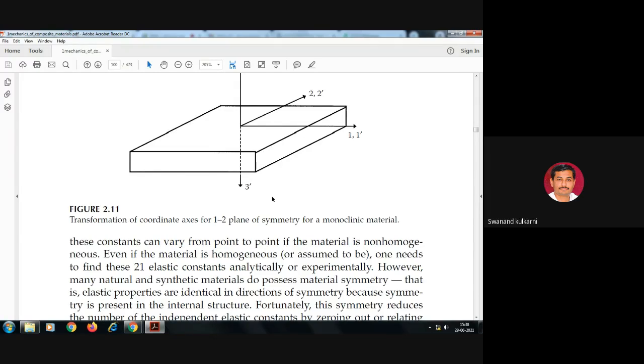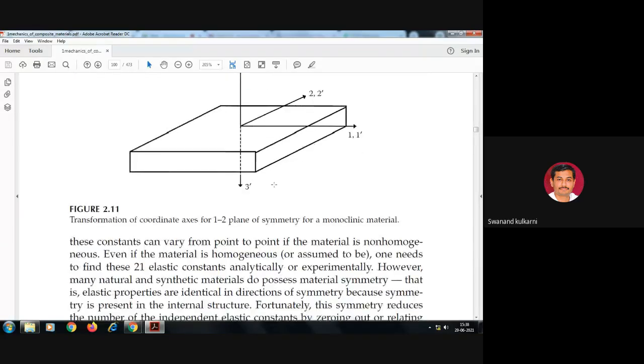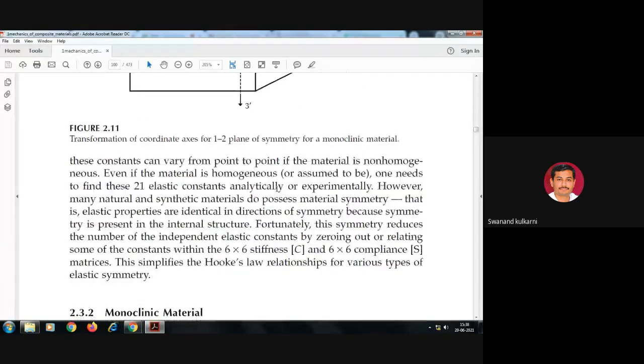When we consider the material is anisotropic, that means for each and every direction the properties are different. Is it okay? Suppose for direction one here, the properties will be different. Then for two, the properties will be different, and for three, the properties will be different. Is it okay? So that represents the anisotropic.